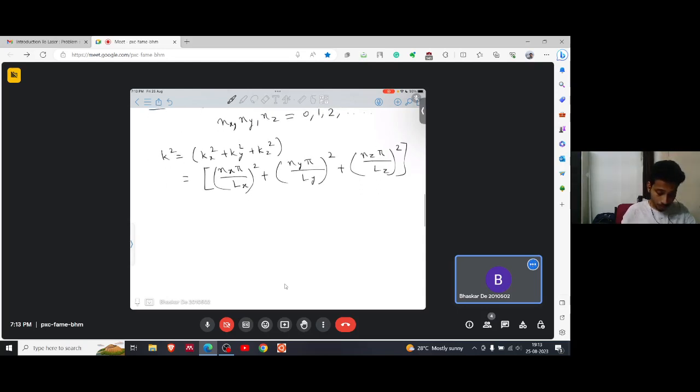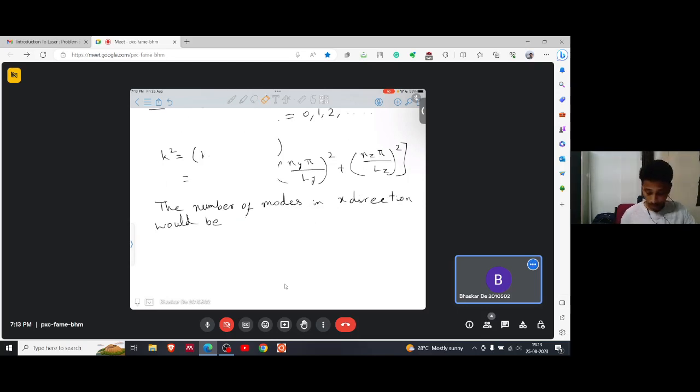So now the number of modes in the x direction would be nx, where nx equals Lx by lambda by 2.